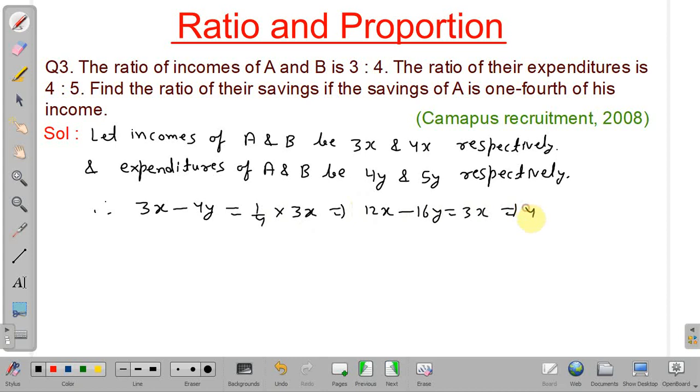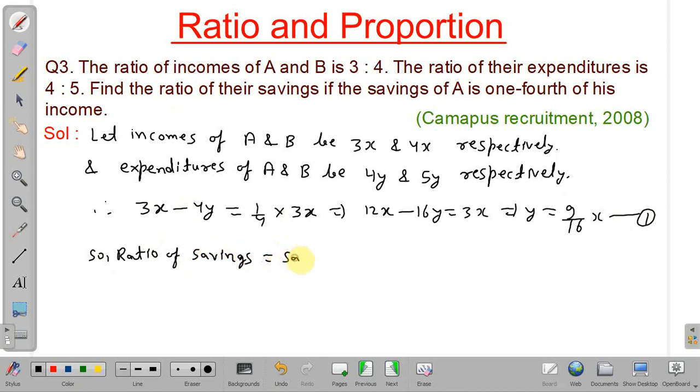So from here we will get y equal to 9 by 16 x. So this is our equation 1. And we have to find the ratio of their savings. So the ratio of savings, what will be the savings?